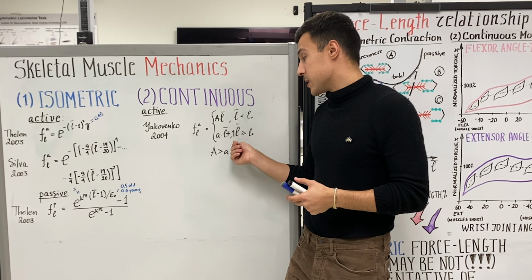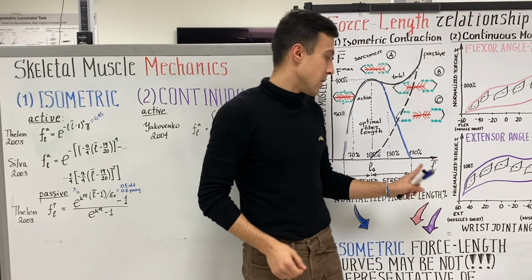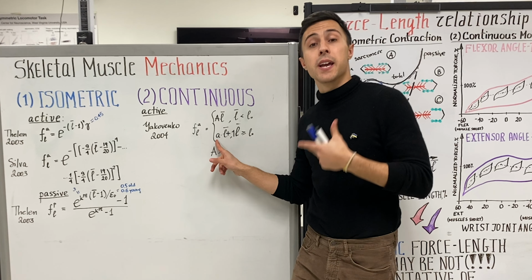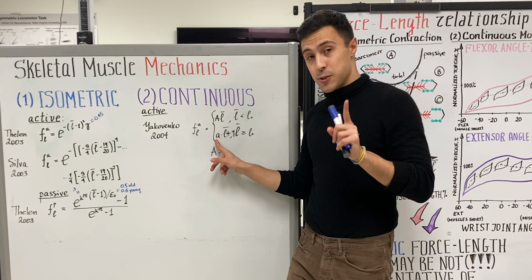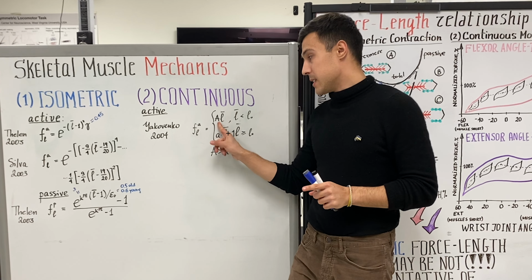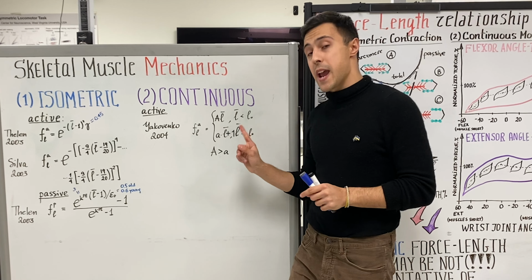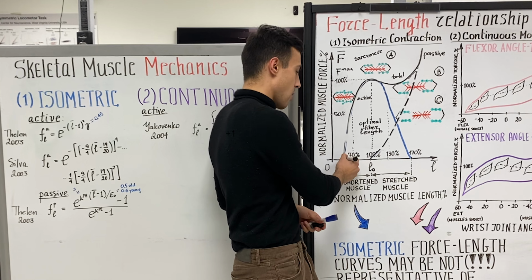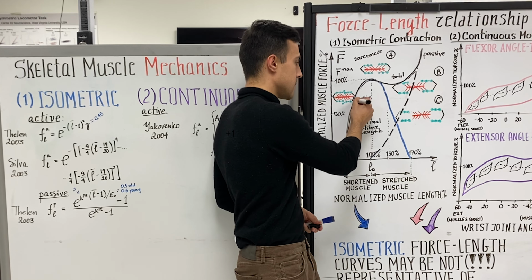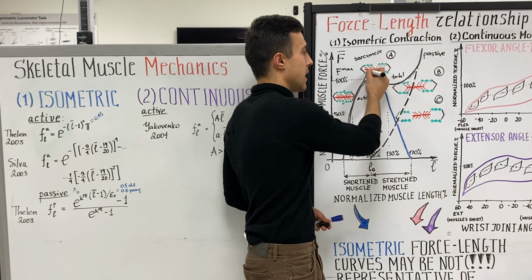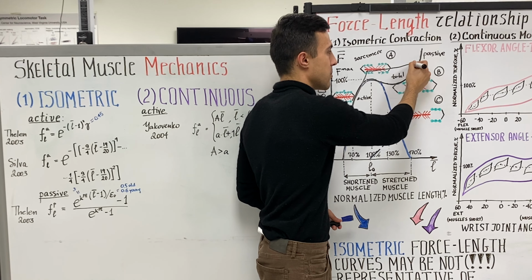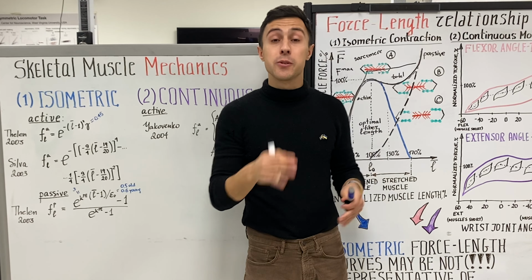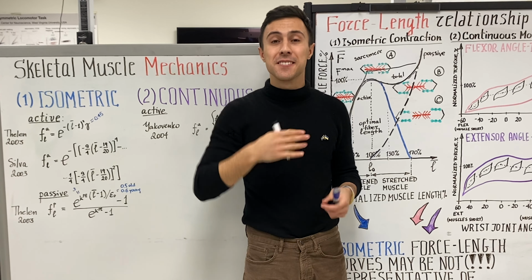For values greater than optimal muscle length, we multiply it by a different value. I should say that the capital A here is greater than the smaller a, so the slope of this line is greater than the slope of the line right here. This is pretty much how we would model the active part to get rid of that descending limb.